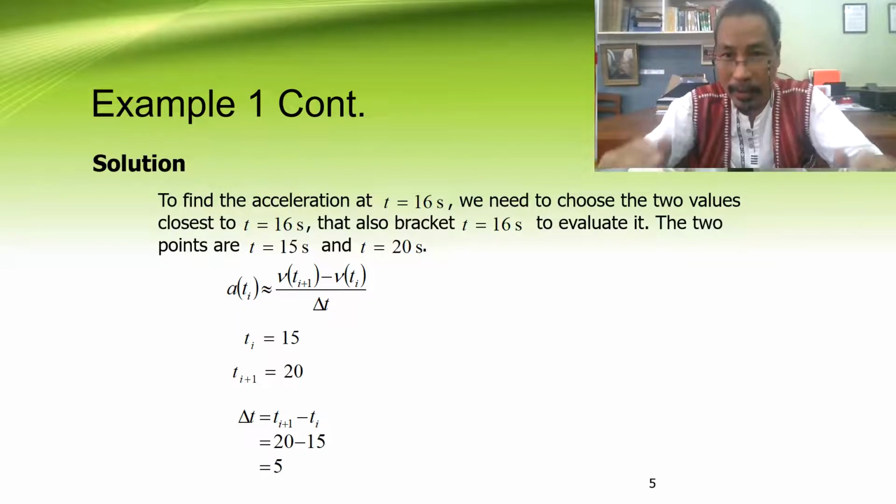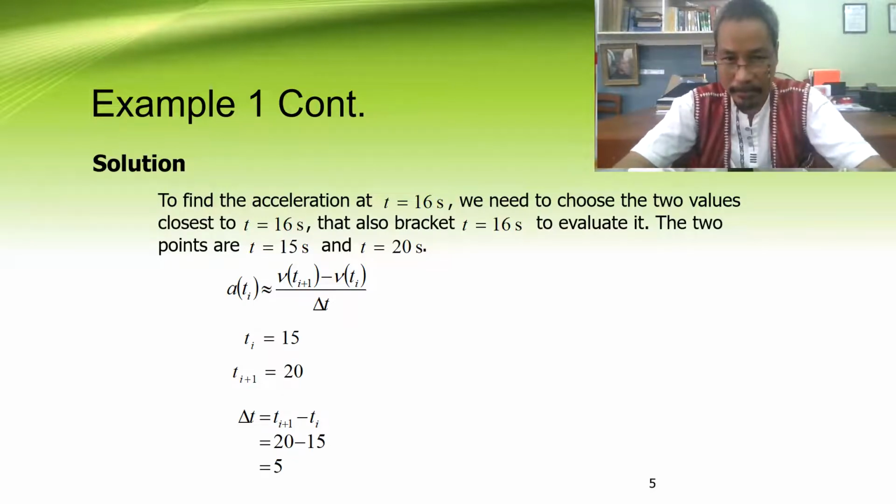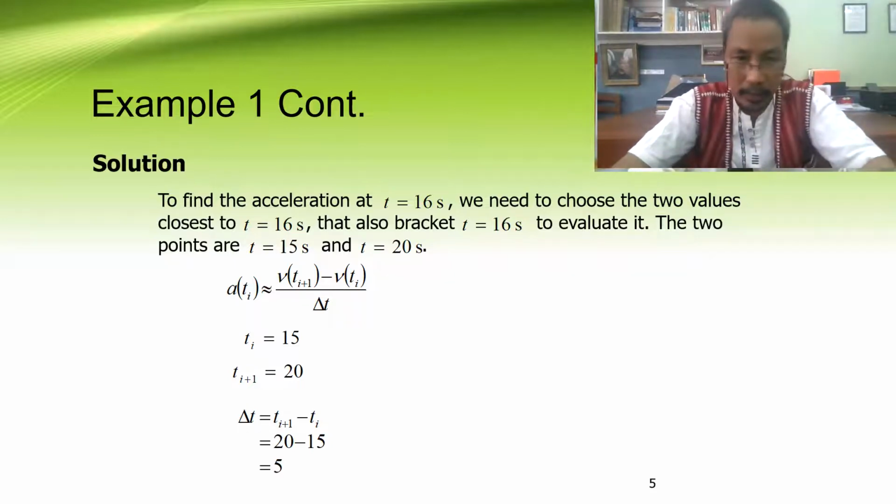Okay, in order to estimate, yes, we have to estimate. So acceleration is actually given by the velocity at the forward point minus the velocity at our target point, divided by the change in time. We are going to use t equal to 15, our target point, and the forward point is 20 seconds.